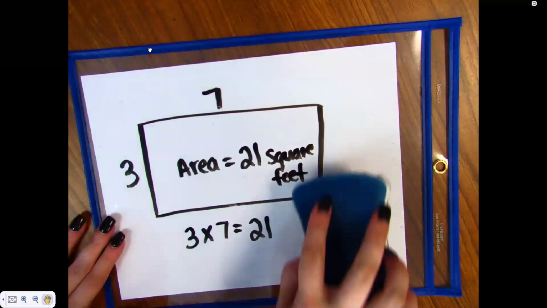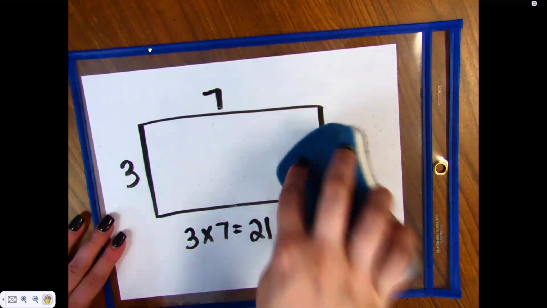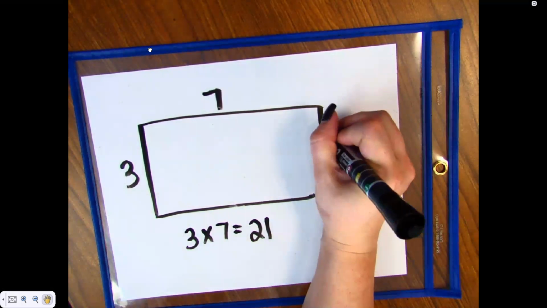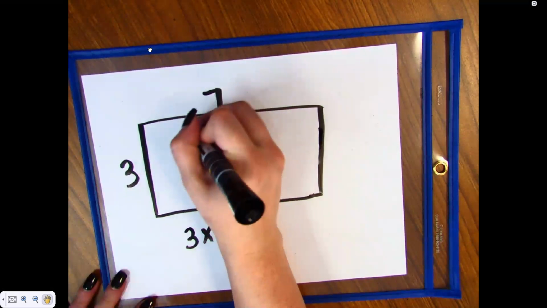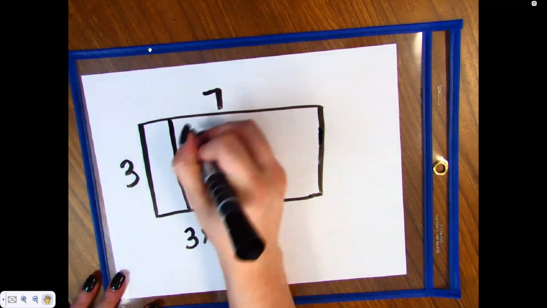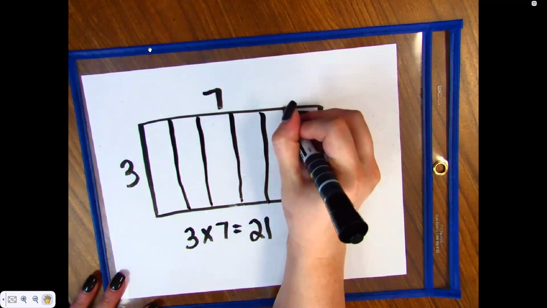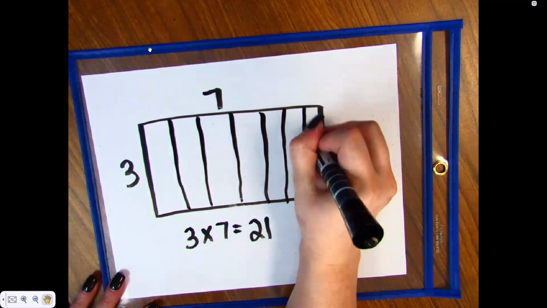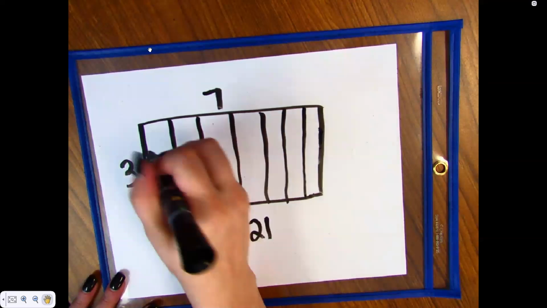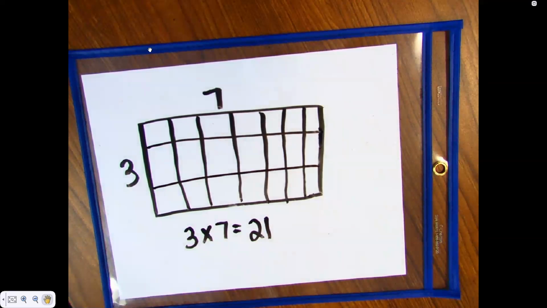I could also, okay, let's say, well, I'm not sure what 3 times 7 is, okay? I could also say, okay, well, I'm going to draw 1, 2, 3, 4, 5, 6, 7. I know that's not equal. And then I could go 1, 2, 3.